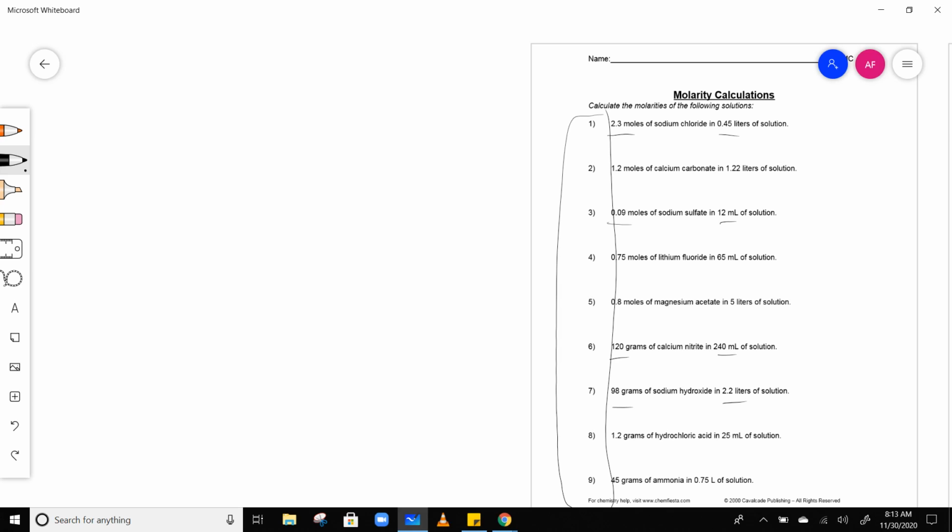So let's say, for example, I'm not even going to do any of these as examples. I'm just going to make some up. So let's say we have 5 moles of HCl and 0.5 liters of solution. This is very similar to number 1. This is very, very simple. We have moles and we have liters, so we just take 5 moles and divide it by 0.5 liters.